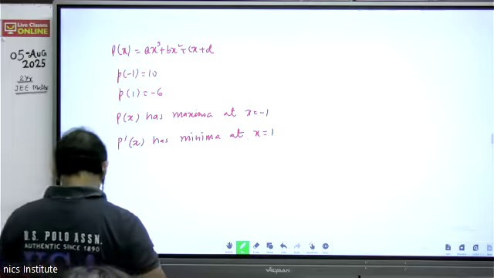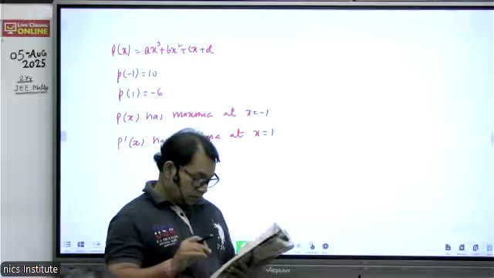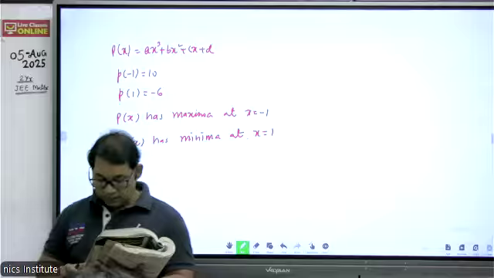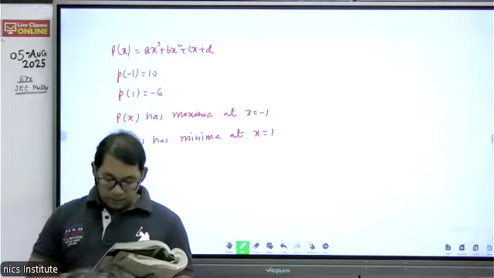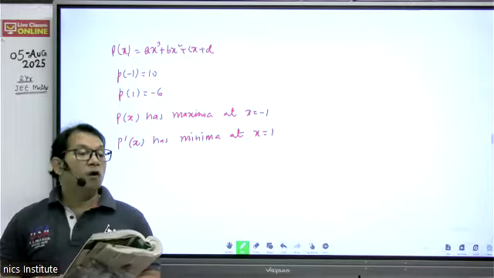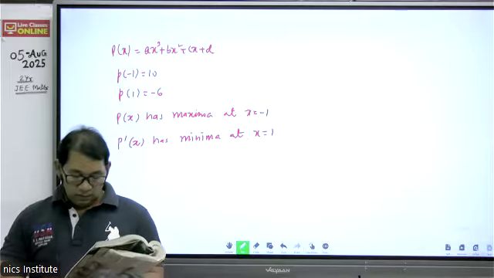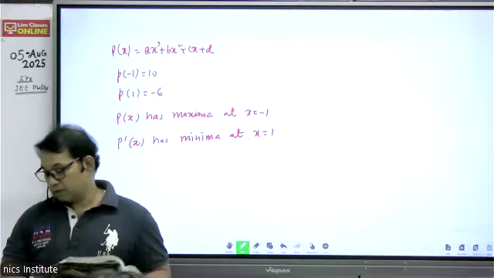Find the distance between the point of local maxima and point of local minima for P of x.